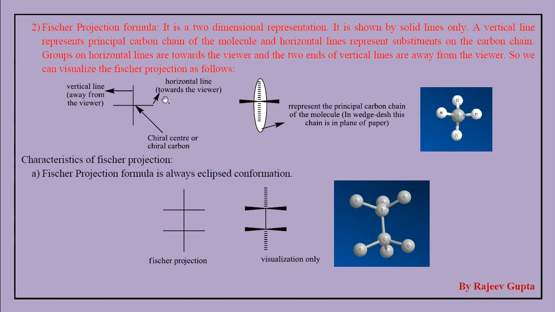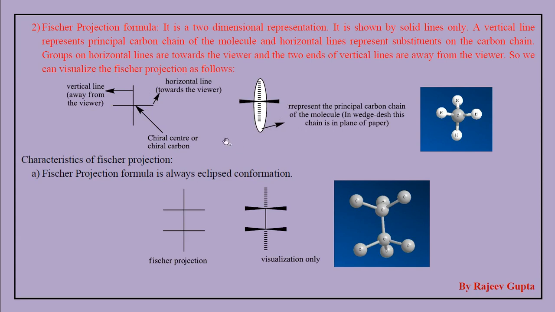If we imagine this structure in 3D, its both ends will be away from the viewer, and these two substituents situated on horizontal lines are towards the viewer, shown on wedge. You can imagine this Fischer projection like this.